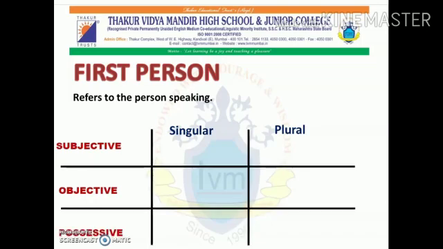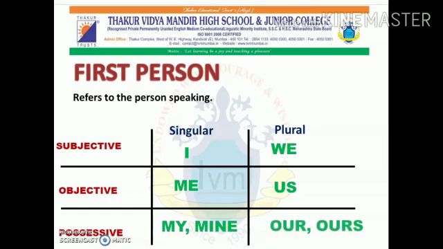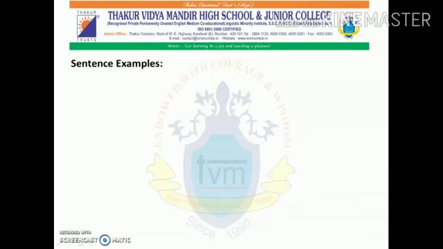Subjective, singular I and plural we. Objective, singular me and plural us. Possessive, singular my, mine and plural our, ours. Now let's look into the sentence examples.